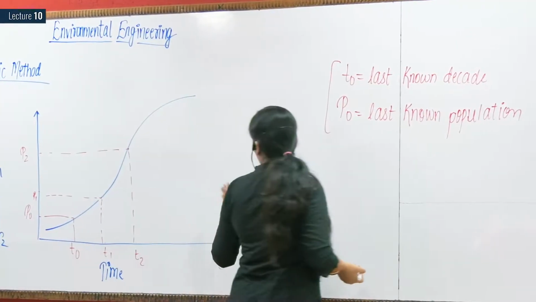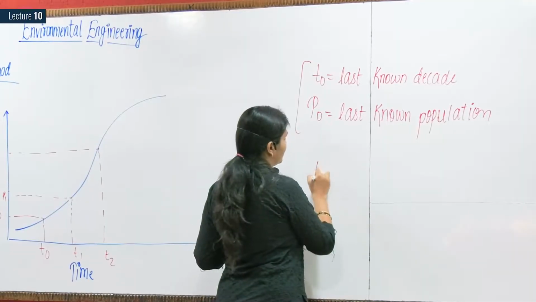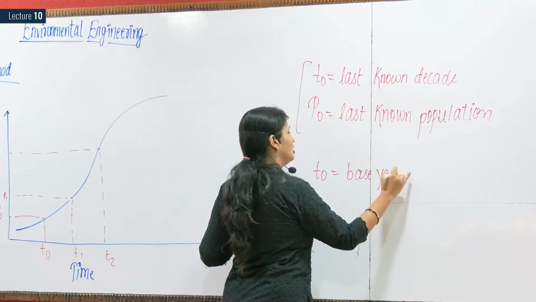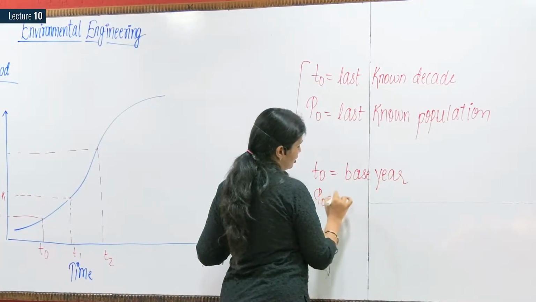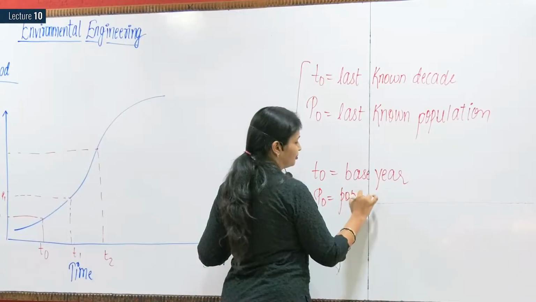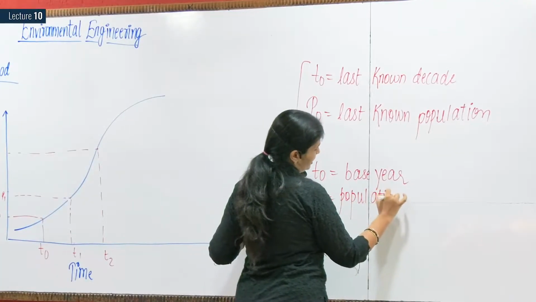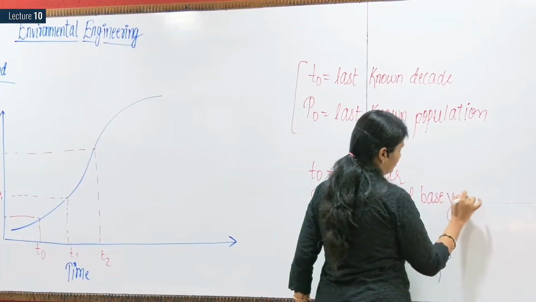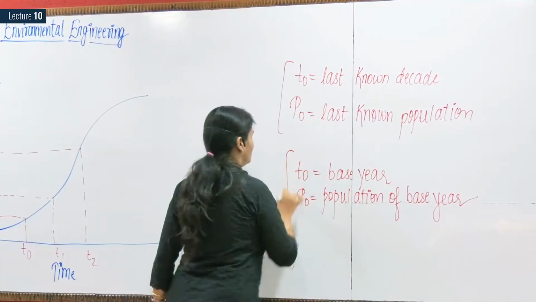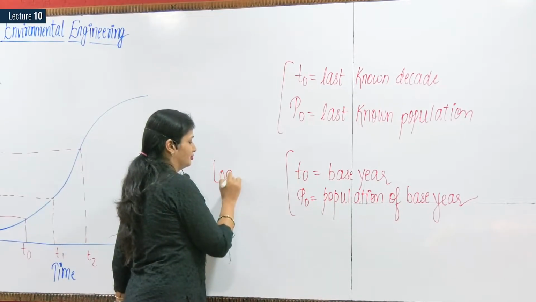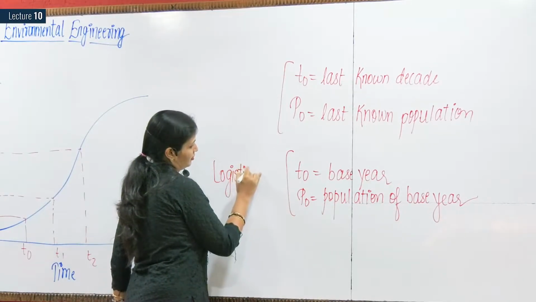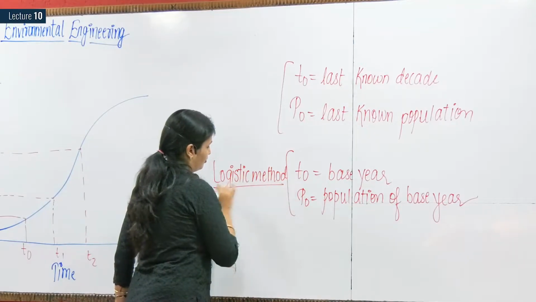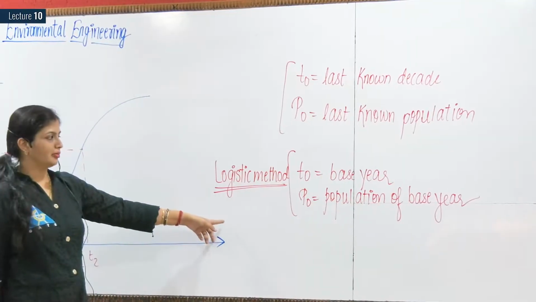Here, t naught is the base year and p naught is the population of the base year. This you will follow in the logistic method.